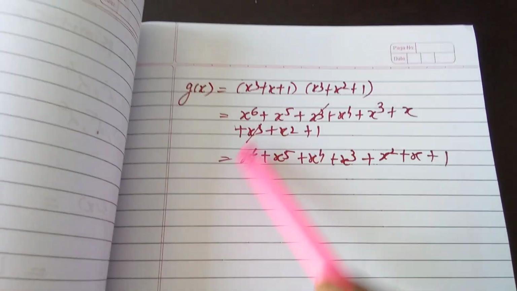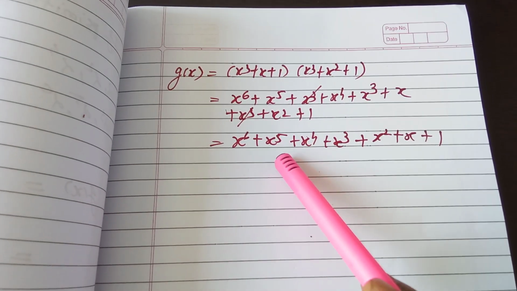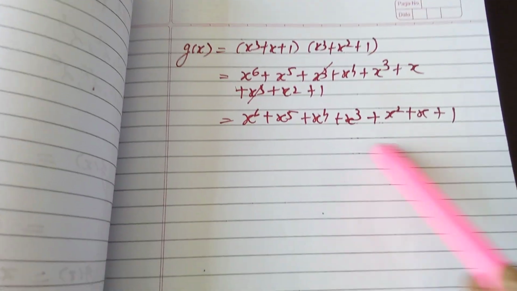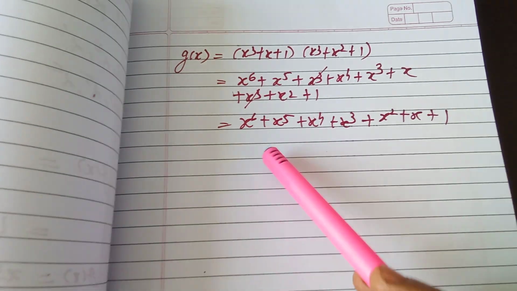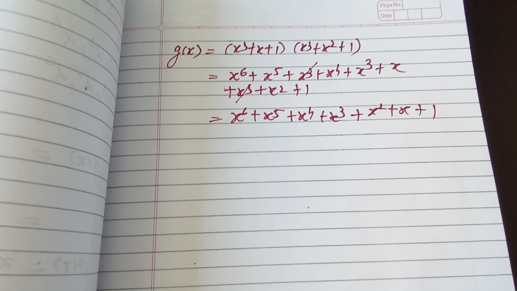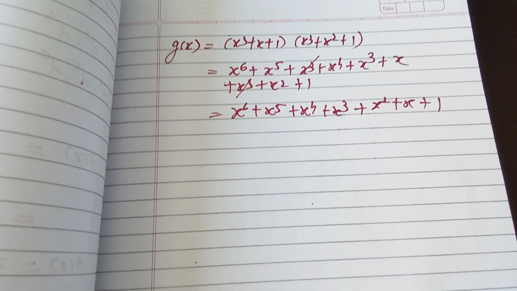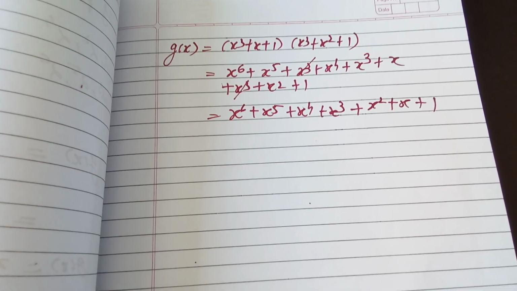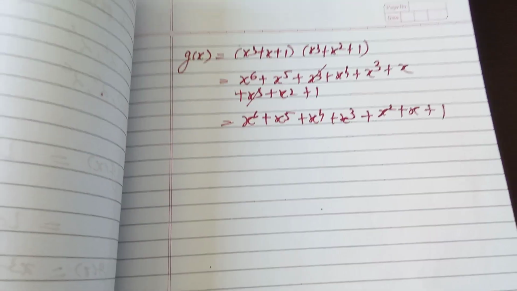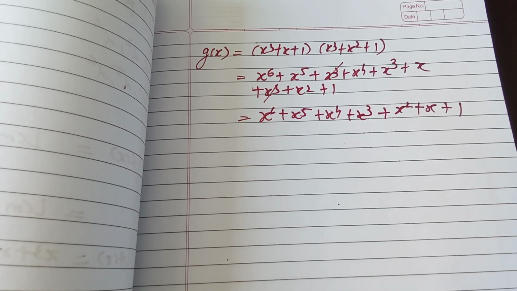So x cube gets cancelled out because 1 plus 1 is 0. Then x^6, x^5, x^4, x^3, x^2, x^1. So this is your generator polynomial. It has degree 6. g(x) has maximum degree m tc. M is here 3, tc is 2, so 3 into 2 is 6. So this is how to find the generator polynomial in BCH code.